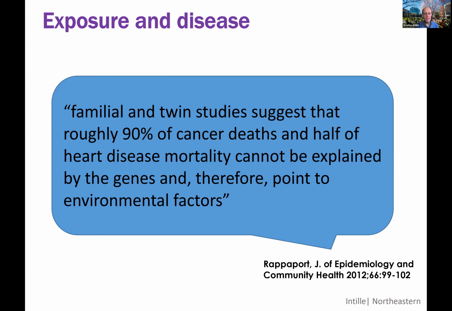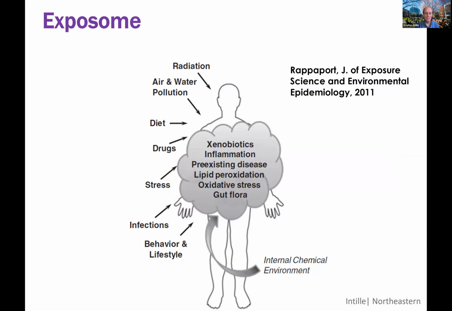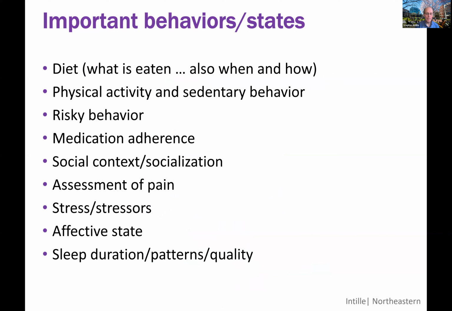And we know in health that a huge amount of our health is really reliant on these behaviors, not just our genetics. And so we have to measure the environmental factors, even just to understand the genetics. And all the stuff that we always hear about in terms of health, that influences how long we live and how well we feel: taking drugs properly, stress, behavior and lifestyle, all of these things we actually measure pretty poorly on the whole.